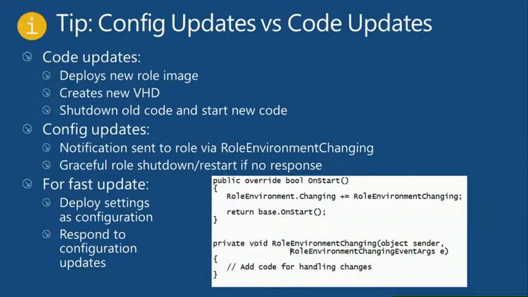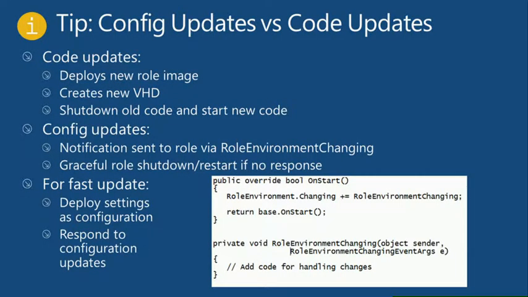Now here's a little tip. If you can, make any configuration changes, push them all into service.cfg. Because config updates are dramatically faster than code updates, just by virtue of the fact alone that we're not copying around role VHDs and creating new virtual disks on the VMs for them, and we're not shutting down your role.